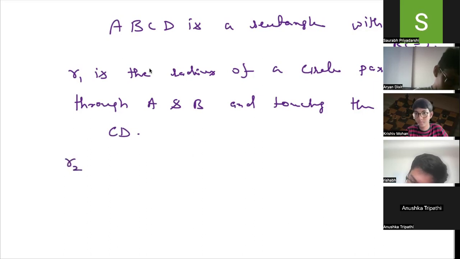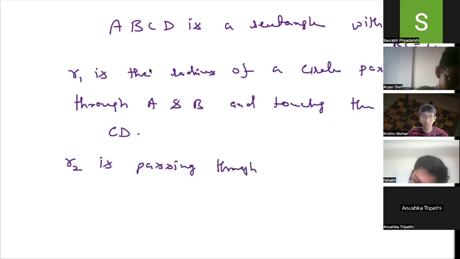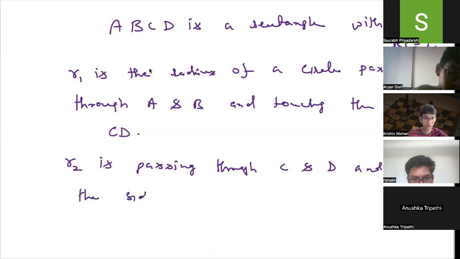R2 is passing through C and D and touching the side AB.